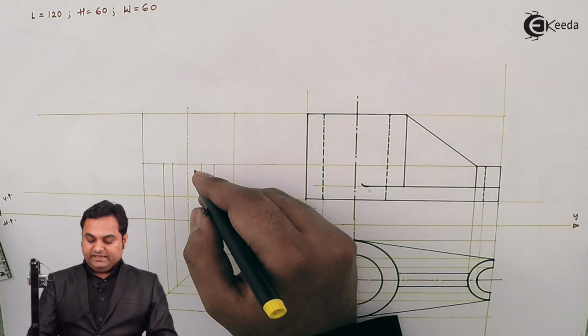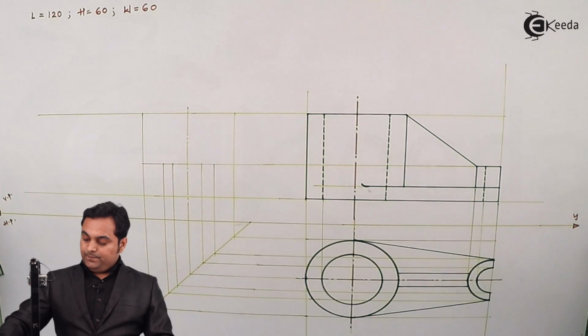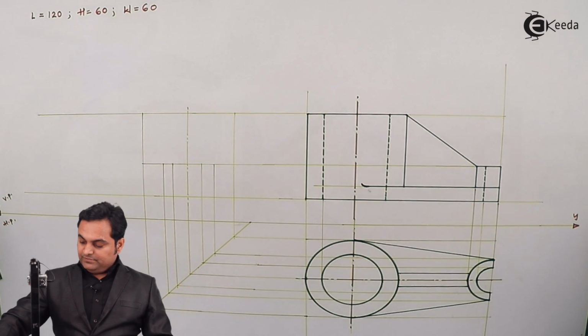So these two rectangles will be visible. I'll make them dark.